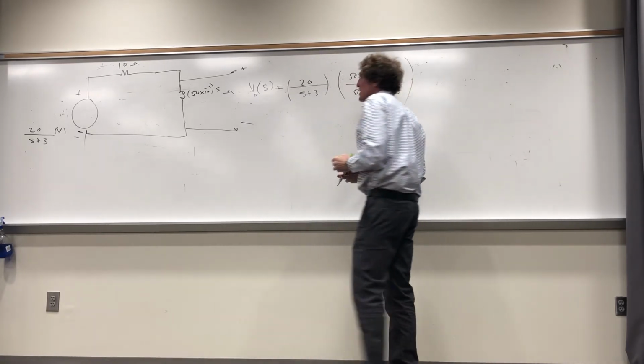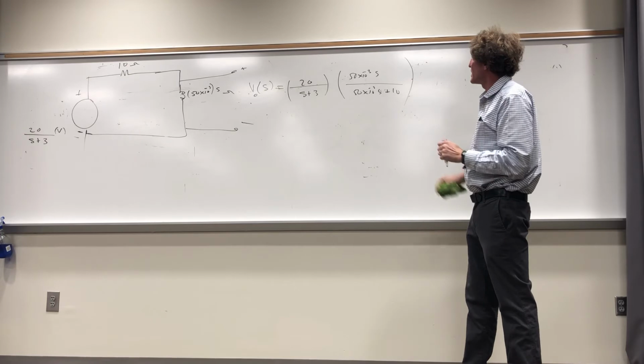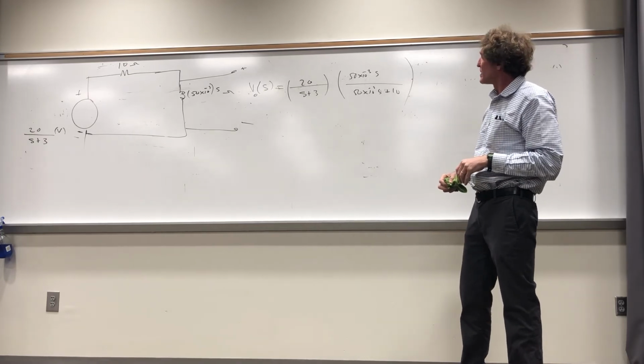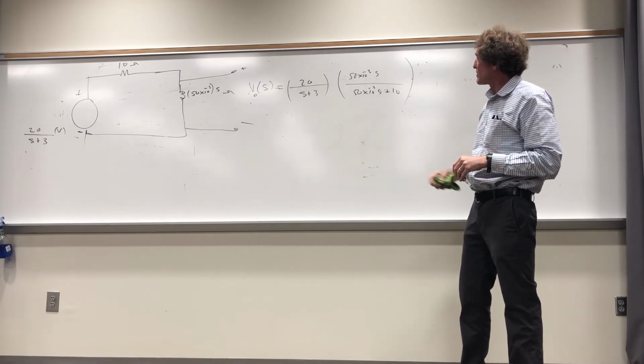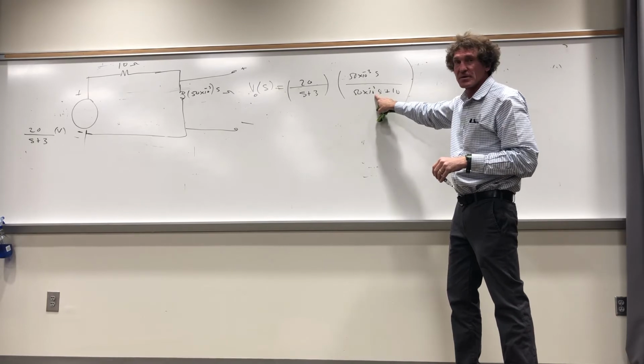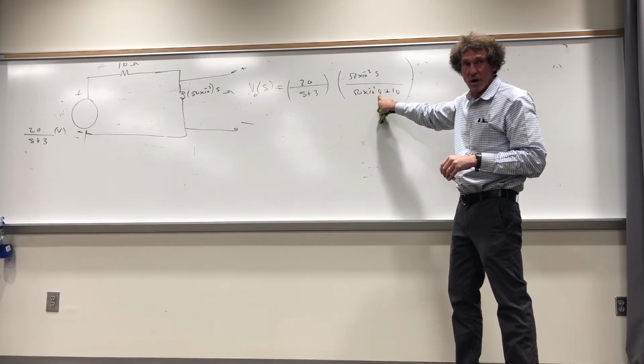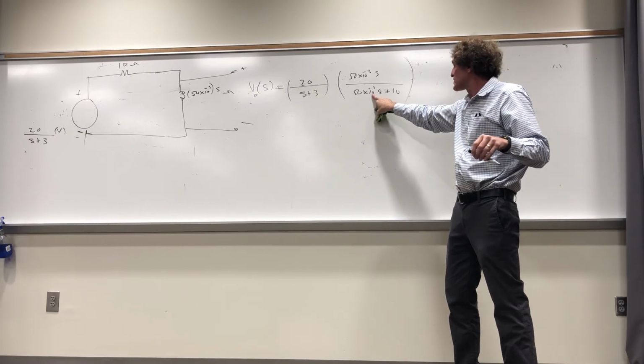At this point, you can see it becomes fairly easy. Divide top and bottom by 50 times 10 to the minus third. Understand? So I can get a 1 as the coefficient of S. Everybody see that?